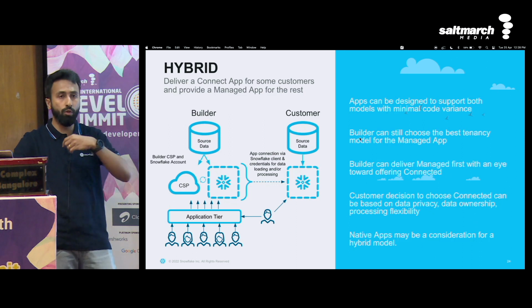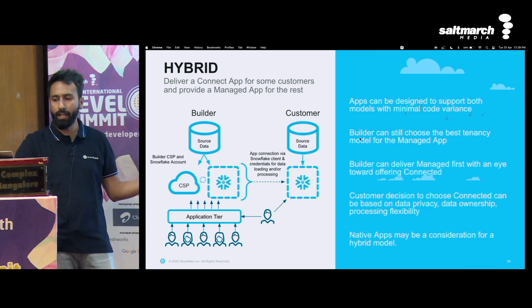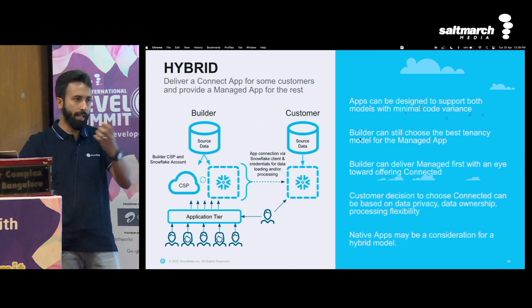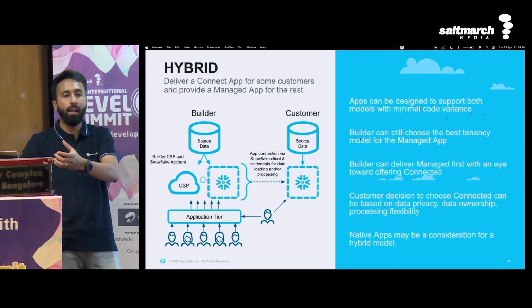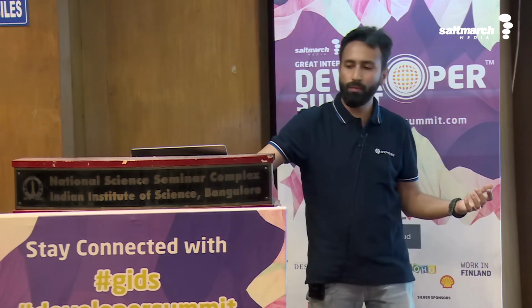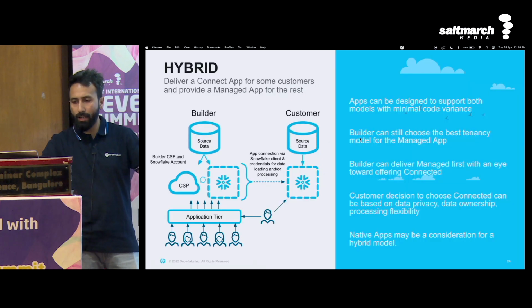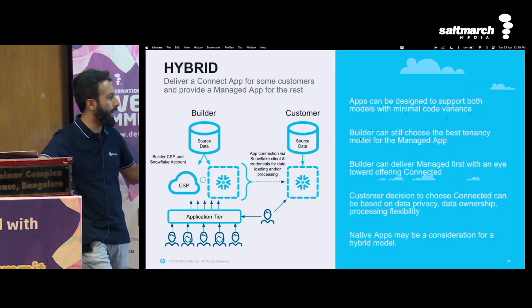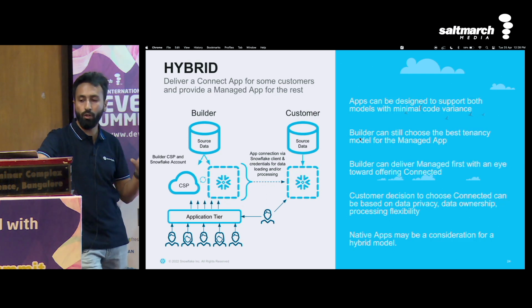You can choose the best tenancy model since it's managed, and then build as a developer. You can deliver managed applications first with an eye towards the future, right? So just to highlight, it's always going to be the customer's decision to choose a connected deployment method based on data privacy considerations, data ownership, and where the processing is going to occur.